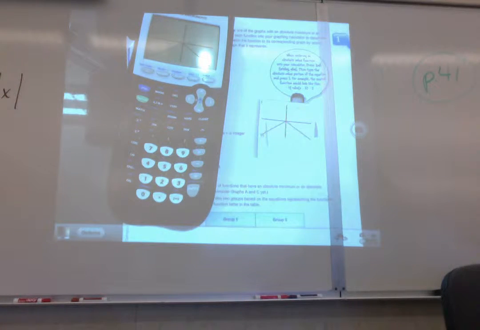So hers is very similar to Martine's. What's different about it? What direction did his go? Down. His went up and hers goes down. So notice how similar those two are.